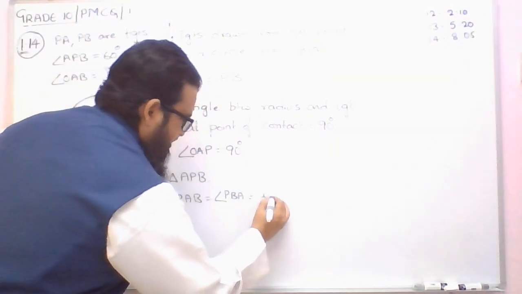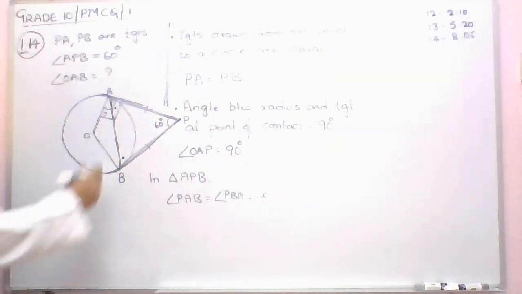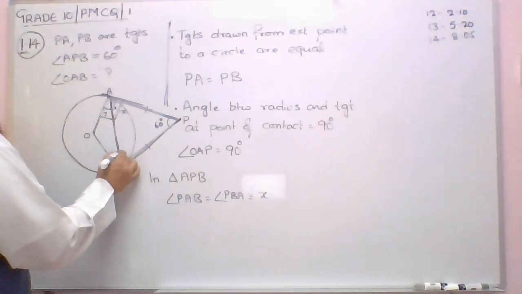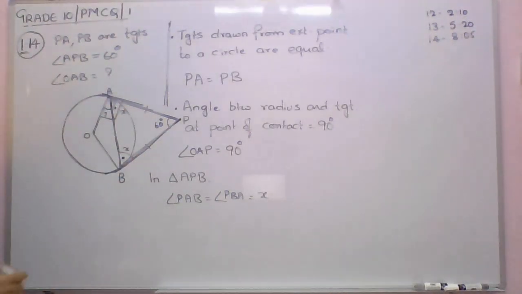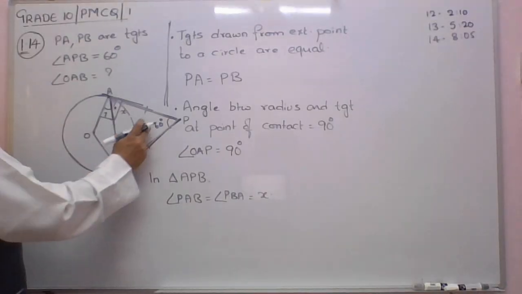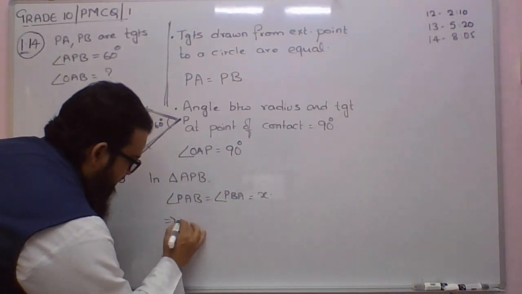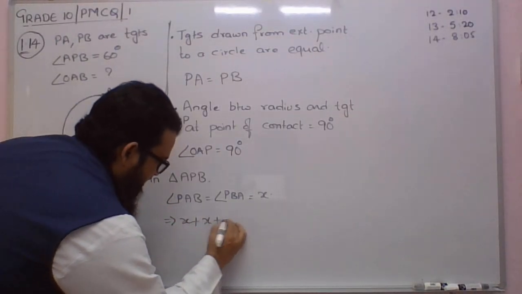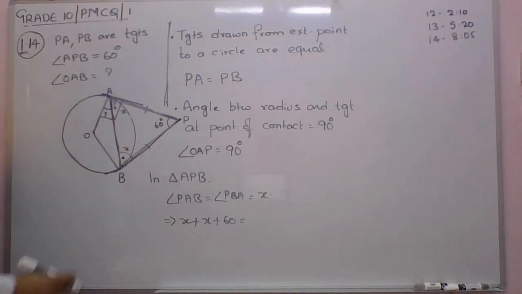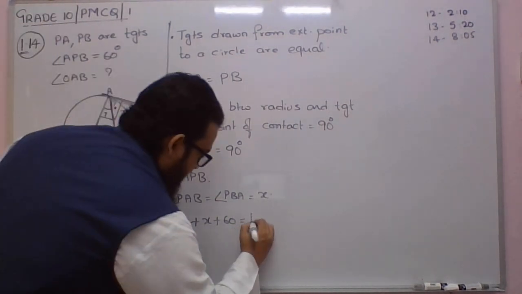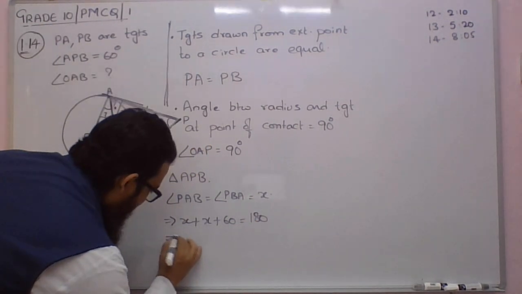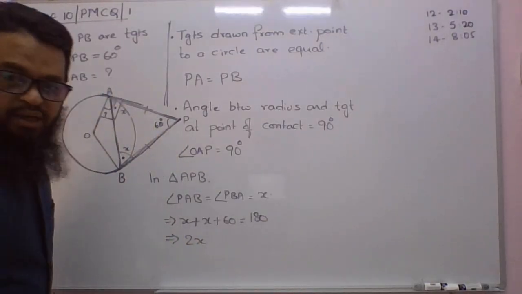is equal to x. Consider this as x and this as x, so what happens? x plus x plus 60, how much is it? What is the sum of three angles in a triangle? 180 degrees. So what is x plus x? 2x.